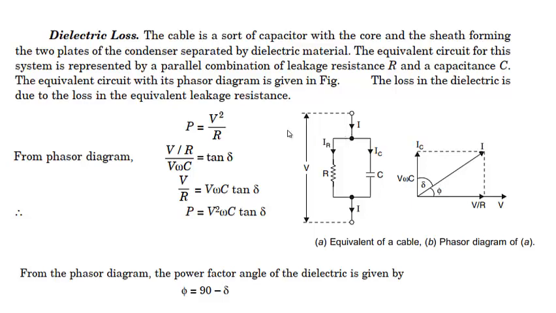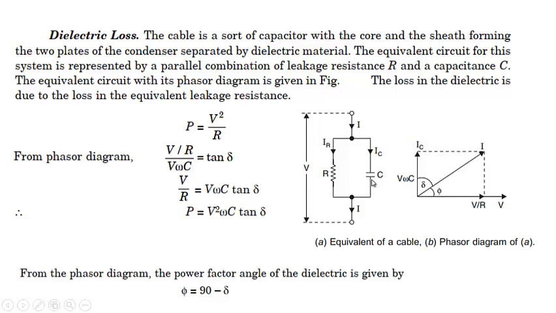But because of the loss which is present in the dielectric, we have to also represent that loss by a resistance. As I have told you in the earlier classes, we usually represent losses always by resistance, and here we represent this loss as a parallel resistance with this capacitance, as we have done in case of the transformer.